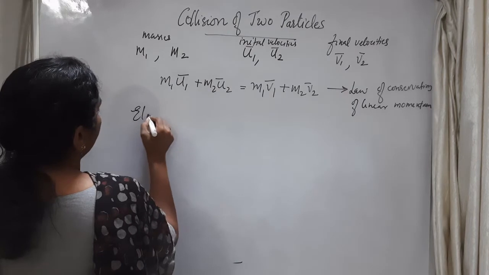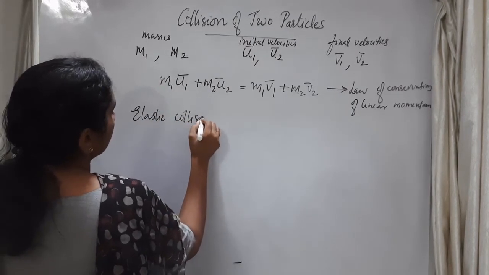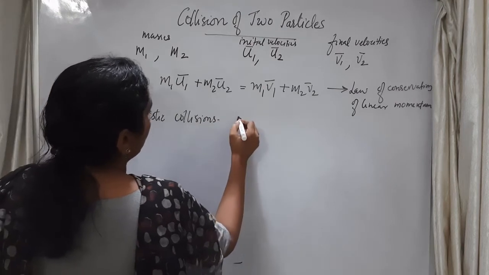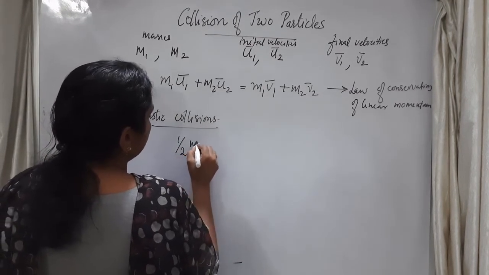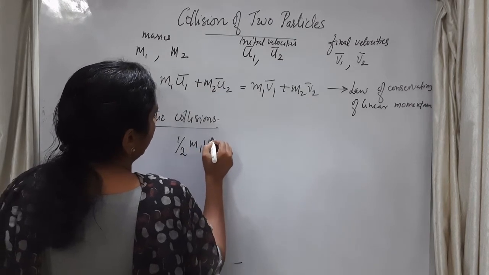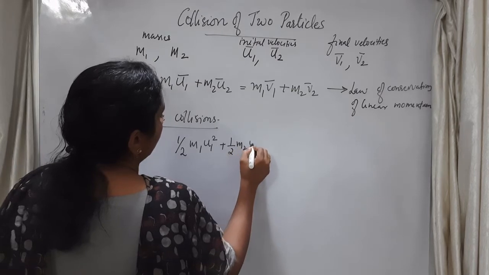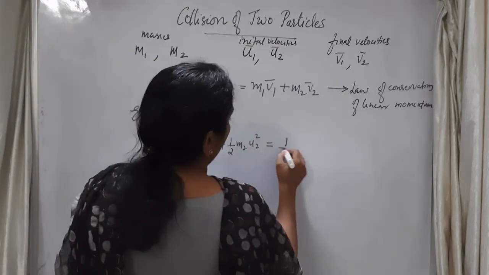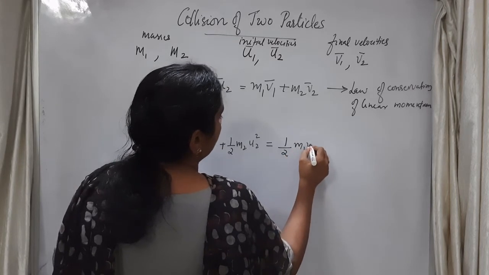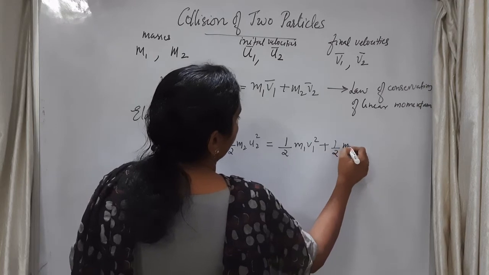So in the case of elastic collisions, half m1 u1 square plus half m2 u2 square is equal to half m1 v1 square plus half m2 v2 square.